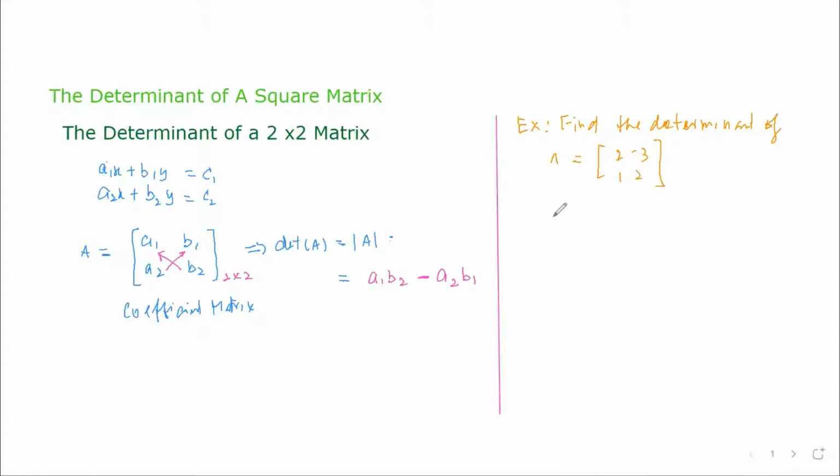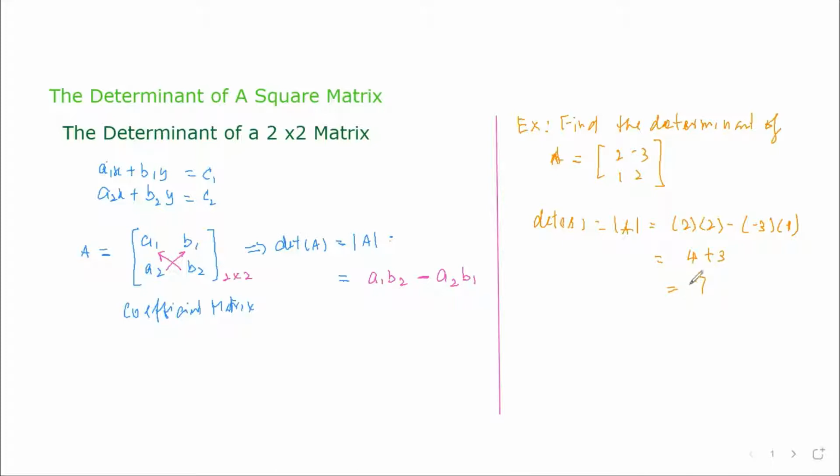Okay, this is A. So we get that the determinant of A equals 2 times 2 minus 3 times 1. Okay, so it becomes 4 minus, becomes plus, so it comes out equal to 7. Okay, this is a determinant of 2 by 2.